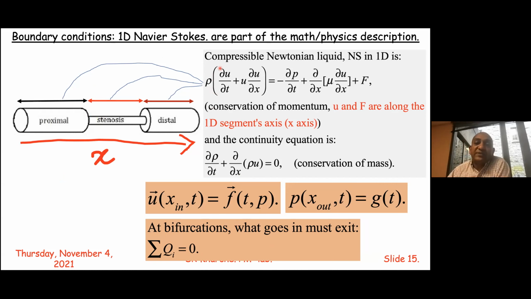Now, I'll be honest here, this approximation of Navier-Stokes is not really what I'm talking about here, but I'll let it be. 1D models are basically tubes joined end to end, and the Navier-Stokes and continuity equations are valid in each of these tubes.